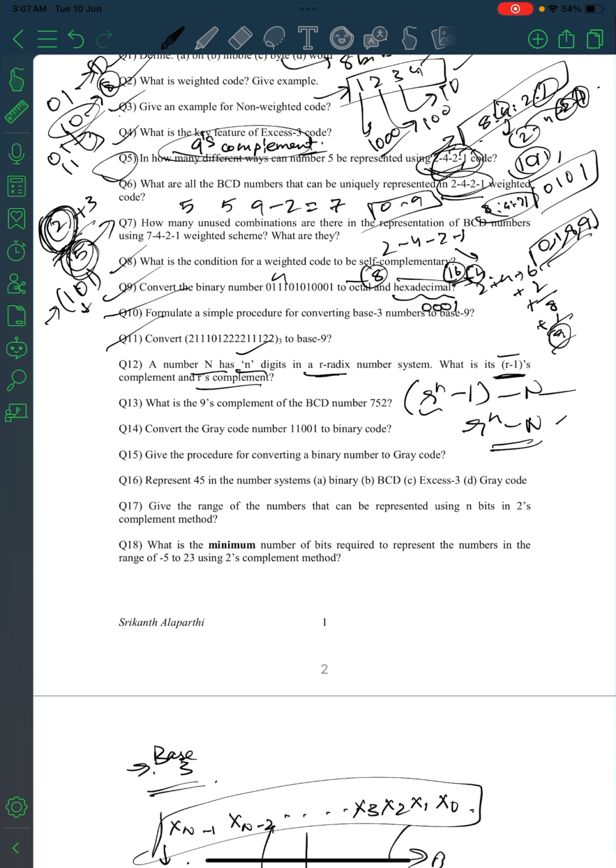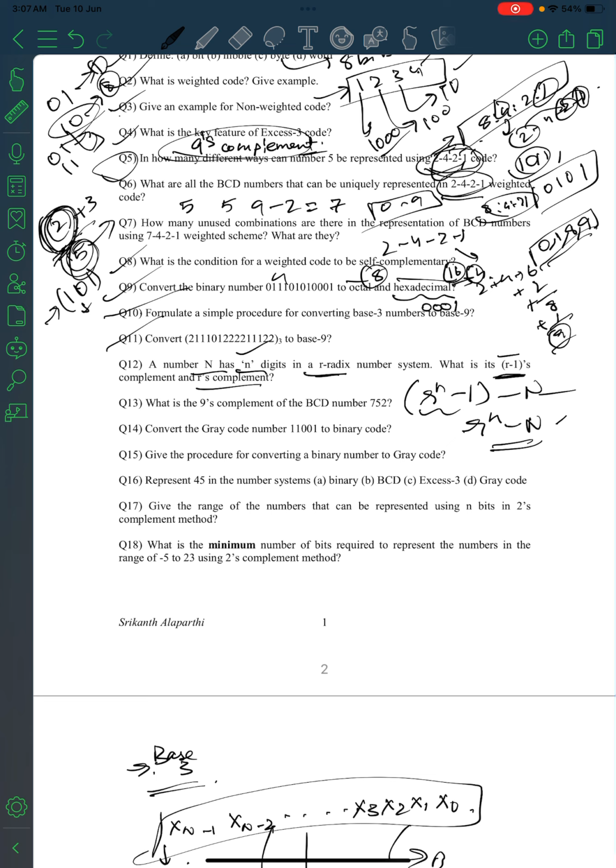This is the max number. We will be subtracting from the max number which is possible using n digits of an r radix, and r's complement is exactly plus 1 from the previous thing.